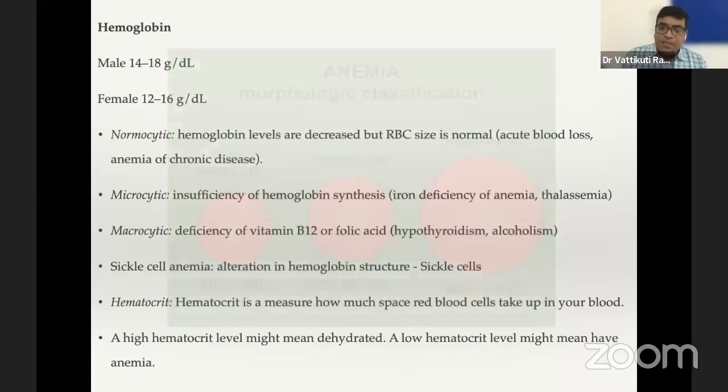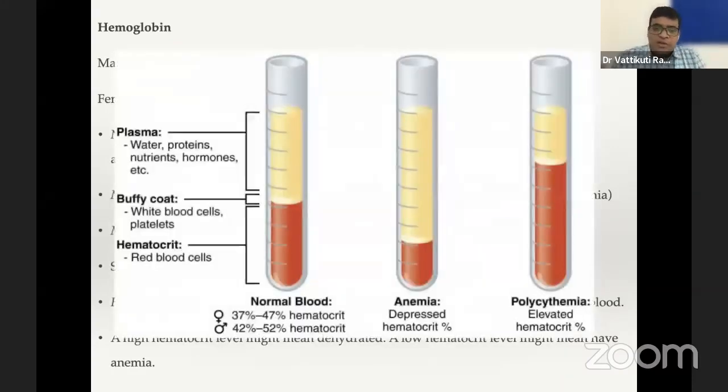And this is the hematocrit I was talking about. If you centrifuge the blood sample, you will get the plasma component, which consists of water and your proteins, collecting at the top, and your cellular component, which is dense, will collect at the bottom of the sample collection tube.